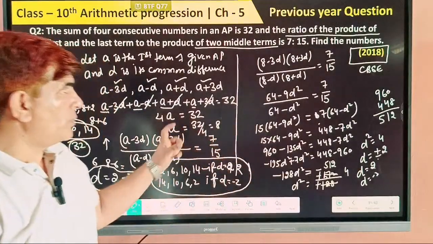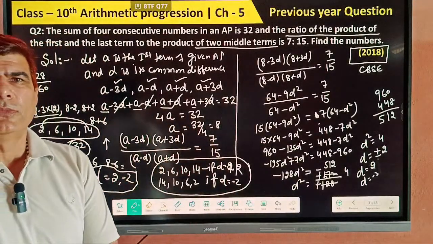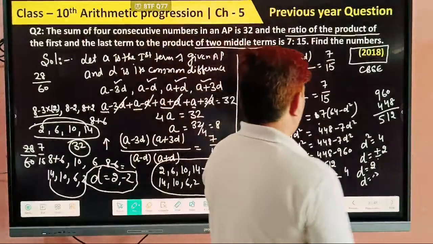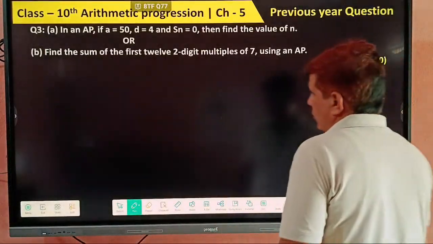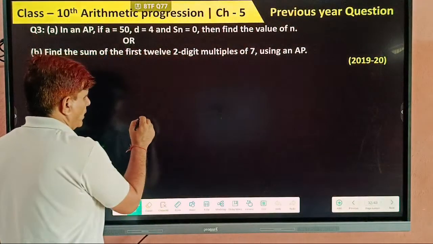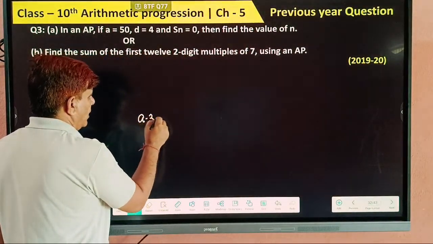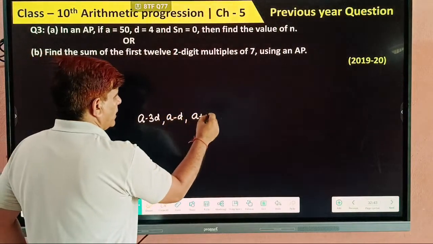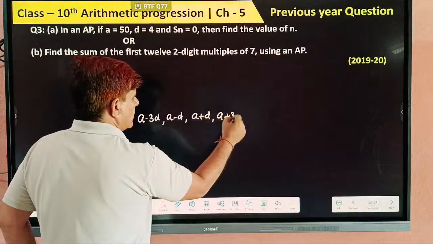There is a possibility of this type of question coming in your exam. I think it's understood. If we have to take four consecutive terms, the way of taking is: a minus 3d, a minus d, a plus d, a plus 3d.